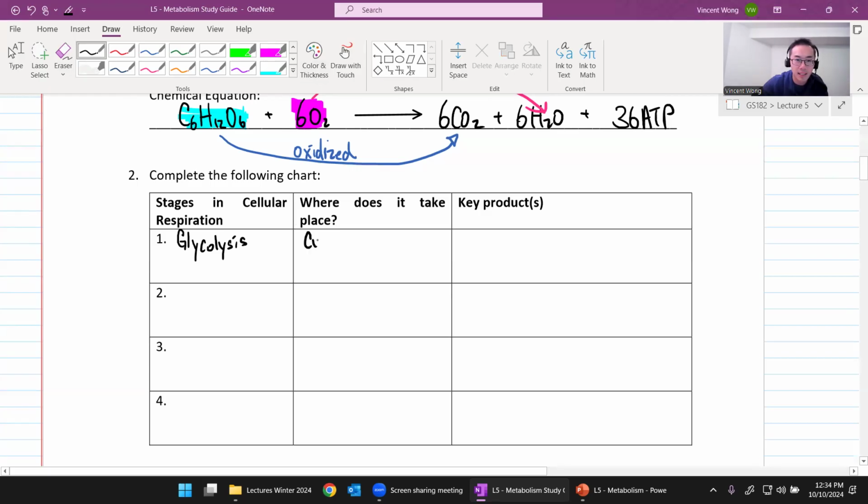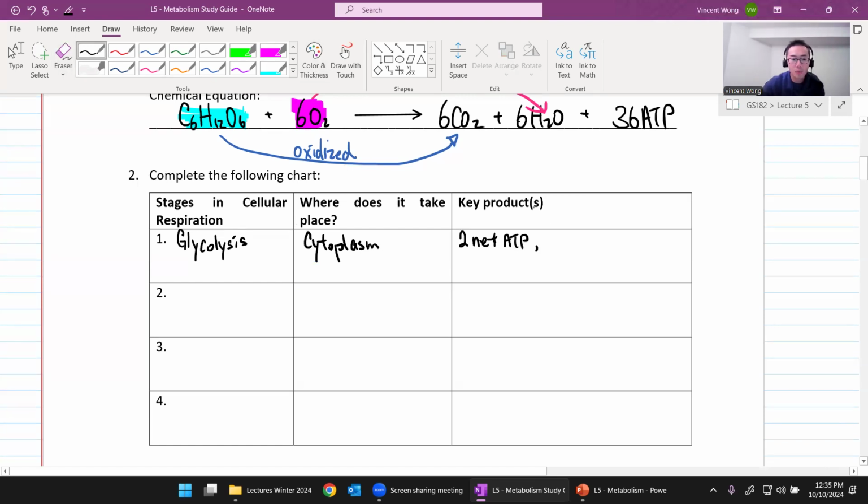That happens in the cytoplasm. Okay, so we started with 1 molecule of glucose and we generate 2 net ATP. We invested 2 and then we got 4 back. So in the end, we have 2 net ATP.